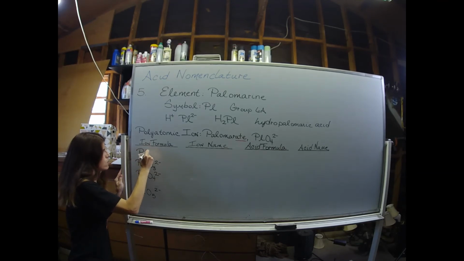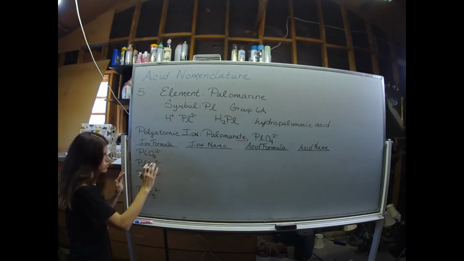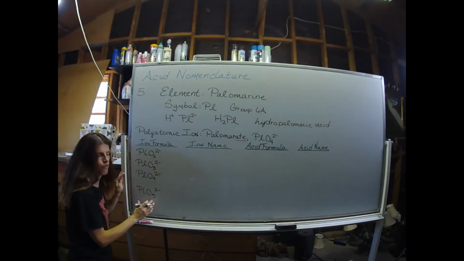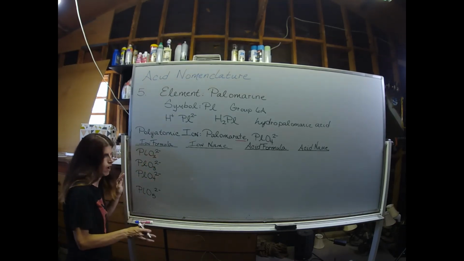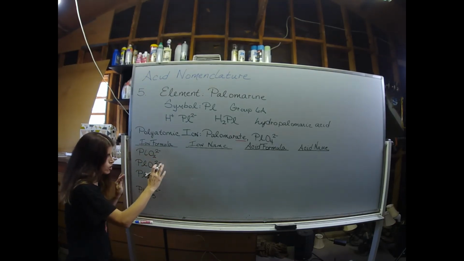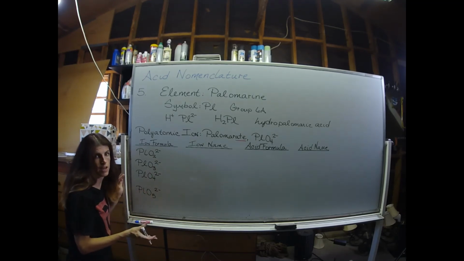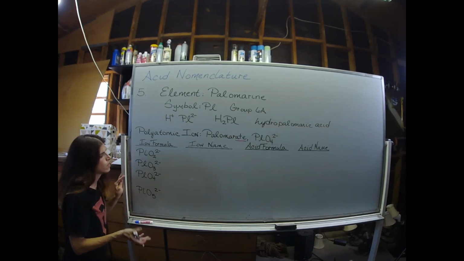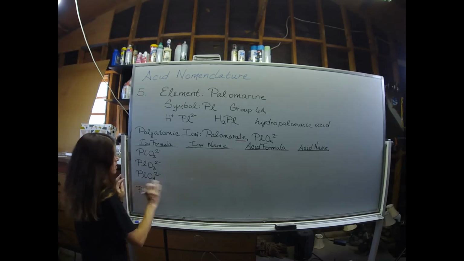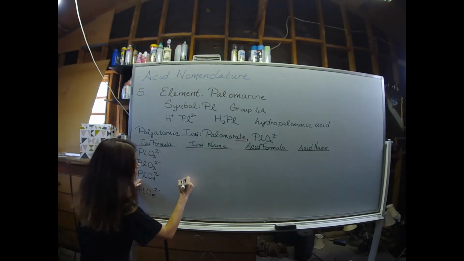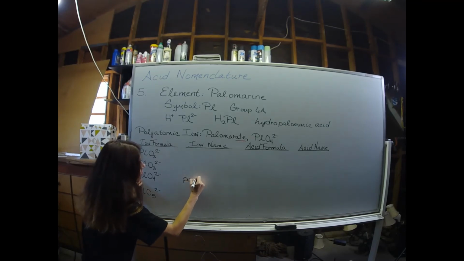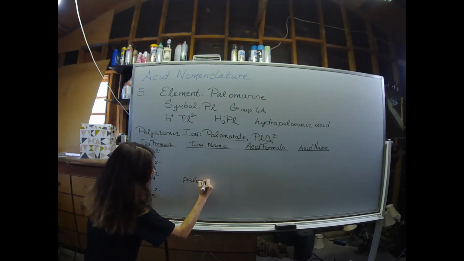And then one less oxygen, so now we're down to two oxygens on that one. So we got 2, 3, 4, 5. The only thing that's changed as I go through my succession is the number of oxygens. The charge on all the different polyatomic ions has stayed the same. So we were given, and that's how we placed it, we knew PlO4 2- had the name of palomate.